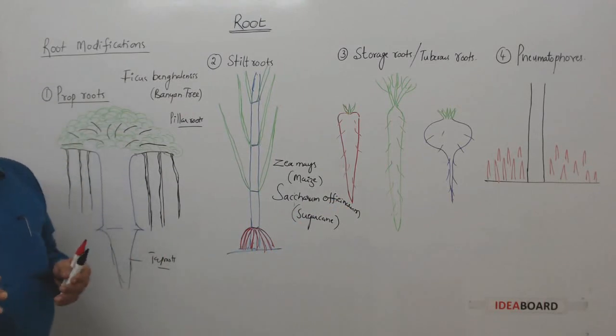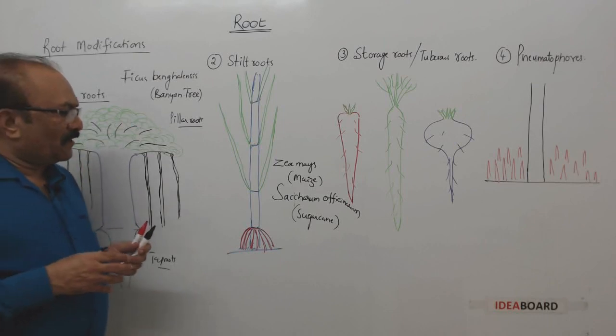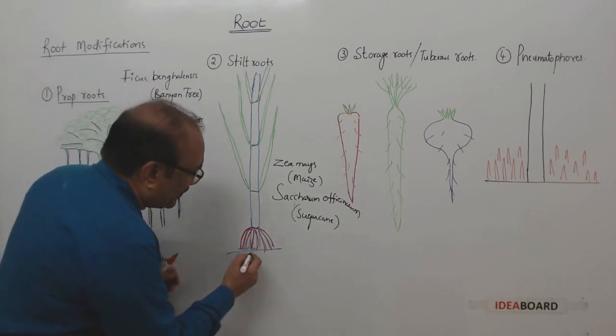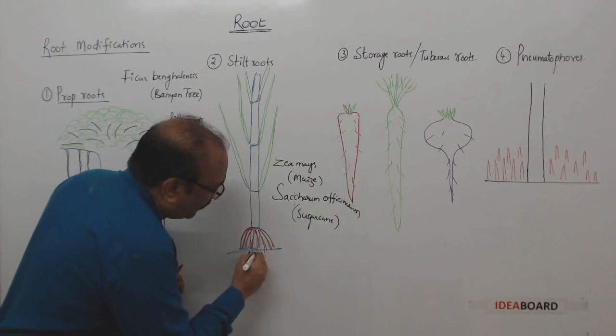These plants have weak stems, and the stem is fixed in the ground with the help of adventitious roots, which are fibrous roots.